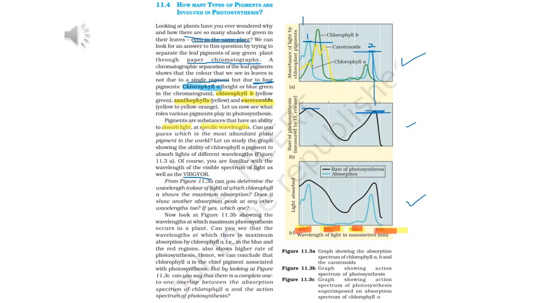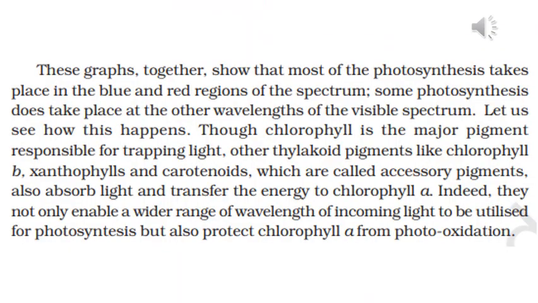But by looking at Figure 11.3c, can you say that there is a complete one-to-one overlap between the absorption spectrum of chlorophyll a and the action spectrum of photosynthesis? These graphs together show that most of the photosynthesis takes place in the blue and red regions of the spectrum.